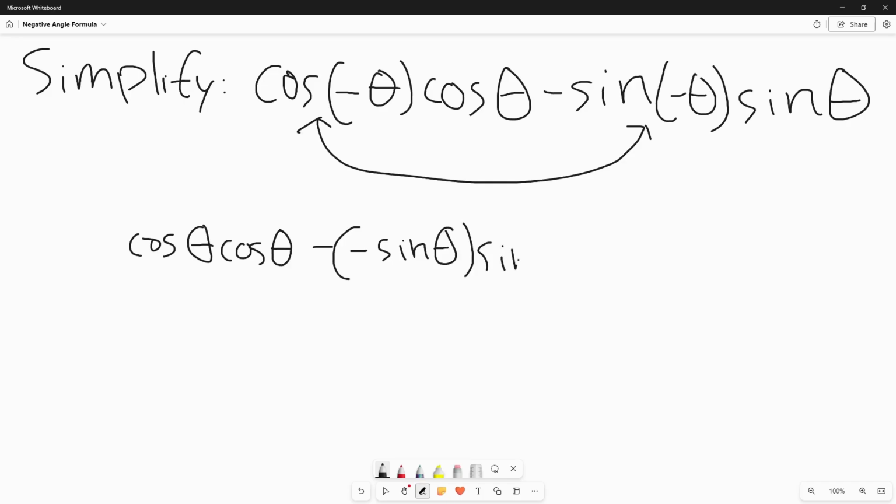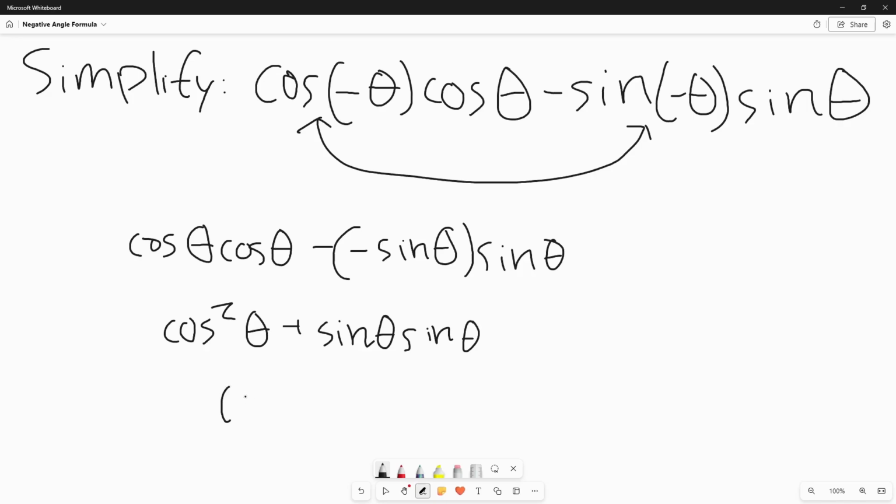times sine theta. And what we can notice is that cosine theta times cosine theta is just cosine squared theta, so cosine squared theta plus, because we can turn this double negative into a plus, so plus sine theta times sine theta. And same thing here, we can turn the sine theta times sine theta into sine squared theta.